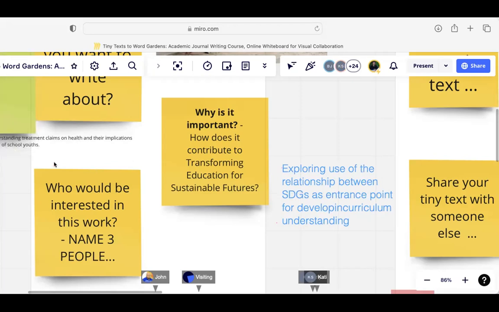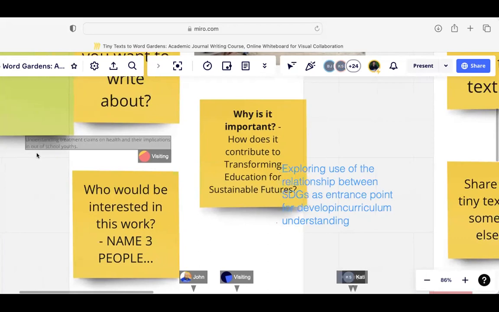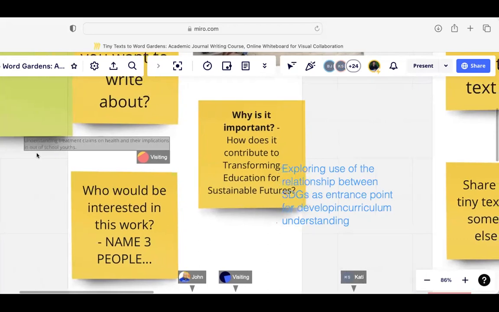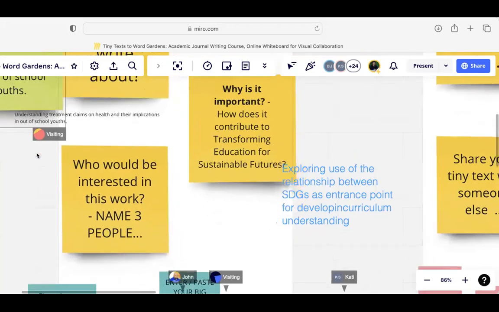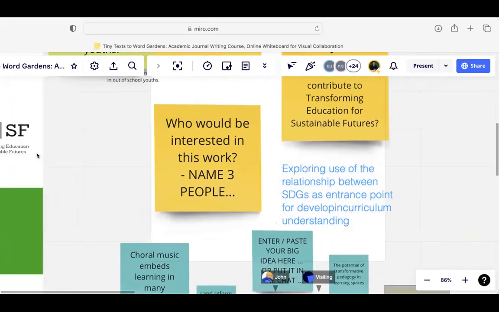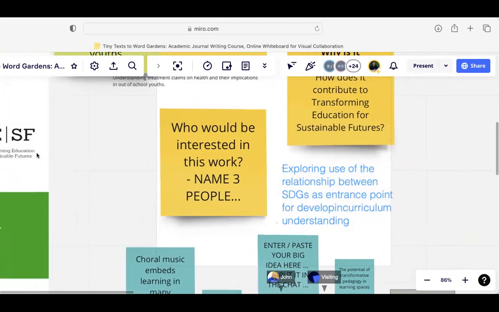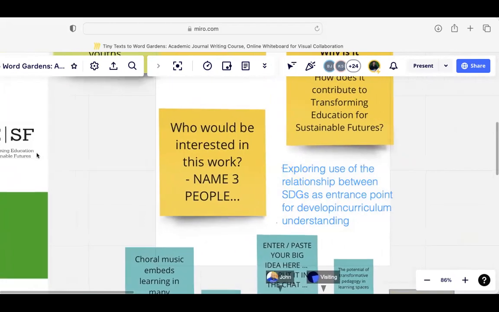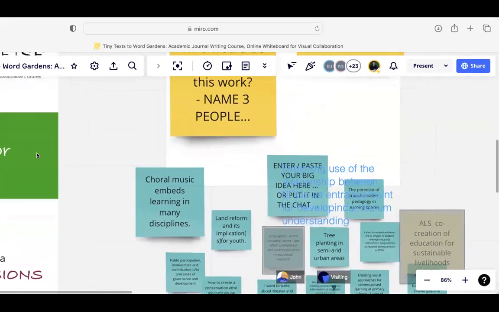So if we have somebody here who wants to understand treatment claims on health and their implications for out-of-school youths, well, why is that important? There's somebody who wants to explore the relationship between SDGs as an entrance point for developing curriculum understanding. Well, why is that important?